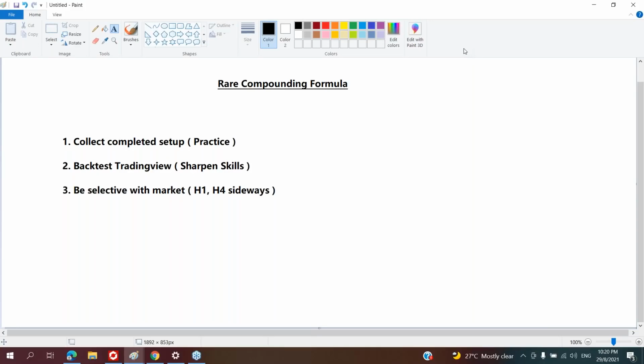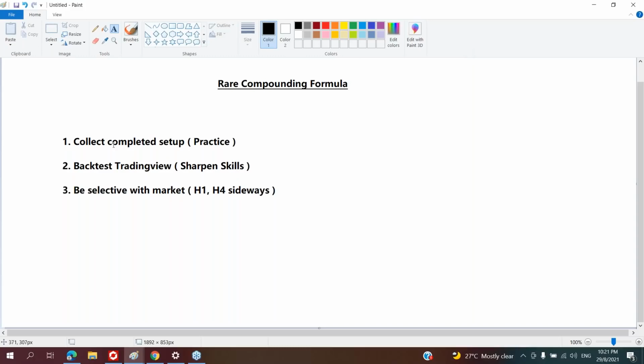For example, if you have $300 capital, you're going to start with 0.50 lot. So that's why it's very rare, and some traders don't really use it. Some traders use it because it really makes you rich real quick. But it depends on the setup or confirmation you choose.